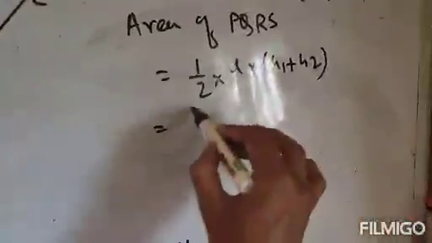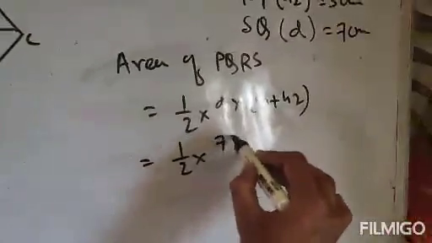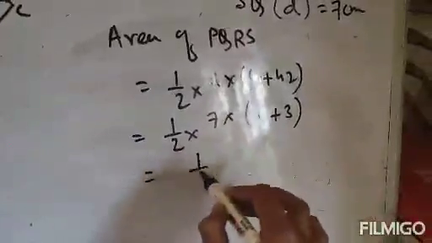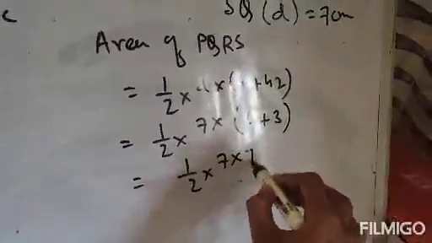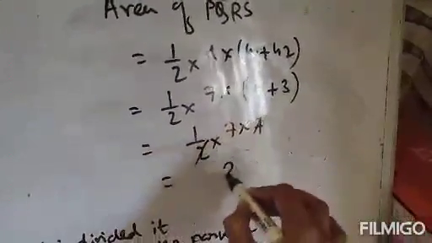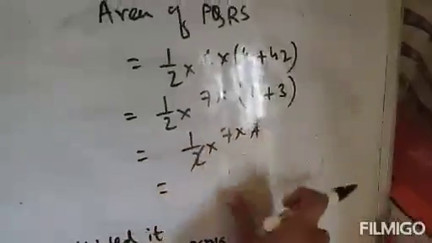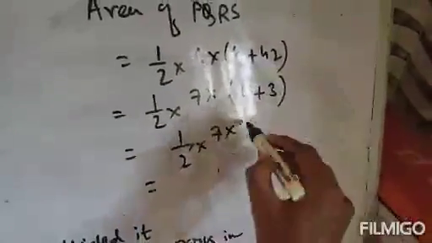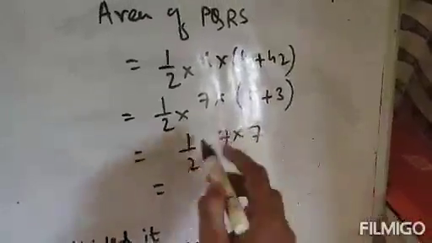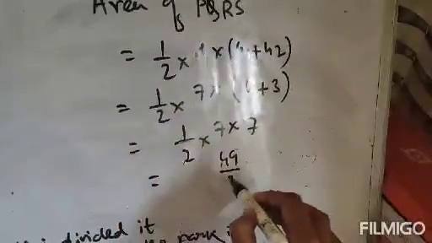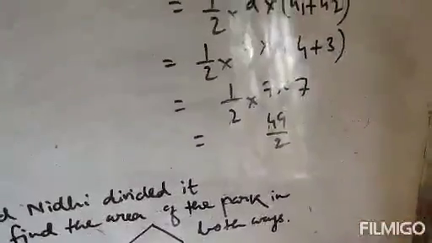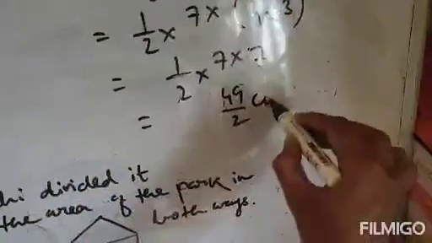Now put in the values: 1 by 2 into the diagonal D, 7, h1 given 4 and h2 given 3. So 1 by 2 into 7 into 4 plus 3, which is 7. So 7 times 7 is 49, by 2. 49 by 2, and the unit will be centimeter square.